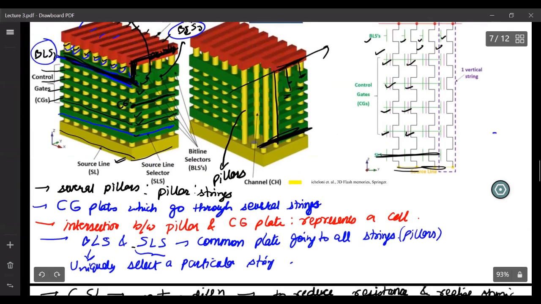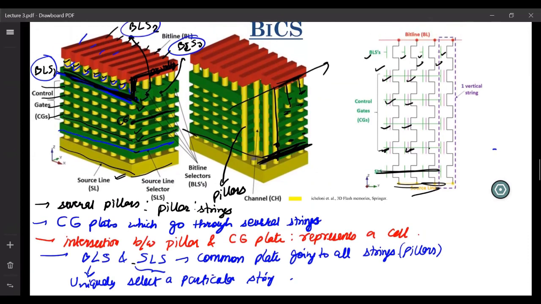So I have a common source line. You have a source line plate which is going through all of these strings. And then you have these control gates, and at the intersection of each of these pillars with the control gate, you have cells. So this cell, this cell, this cell, these are represented like this. And at the same time, you have these bitline selectors.